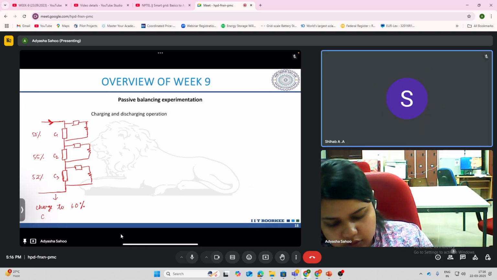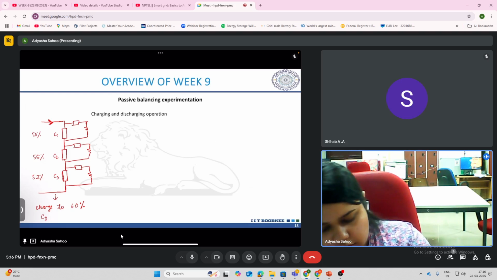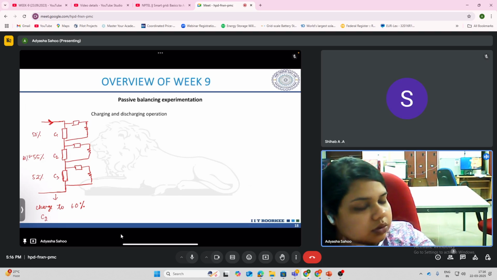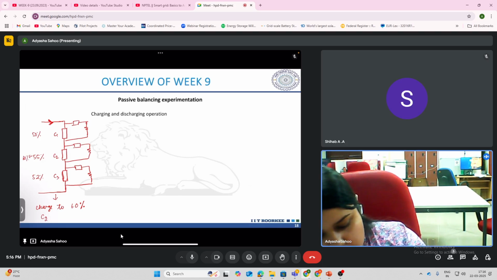Yes, so C2 will first reach 60%. Now, as soon as C2 reaches 60%, what will happen? This switch will turn on and the power will be transferred to this resistor. Basically, you will bypass that cell so that it is not going above 60%.